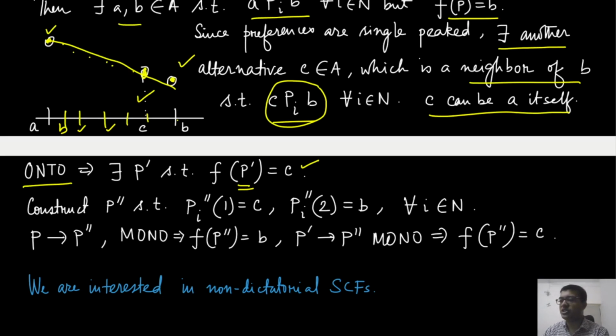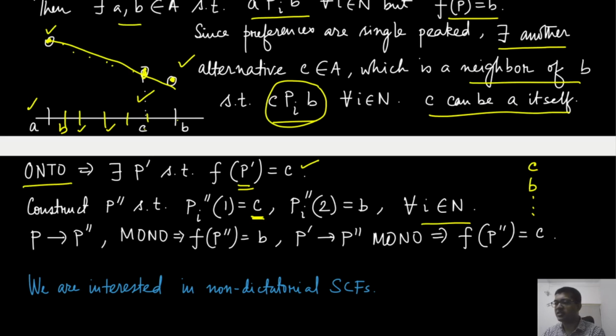Instead of picking A to be on the top, we are picking this alternative C to be on top, because C and B are adjacent to each other. For all the players, we can pick C to be on the top and B to be the second highest. This can live in the single peak domain itself.